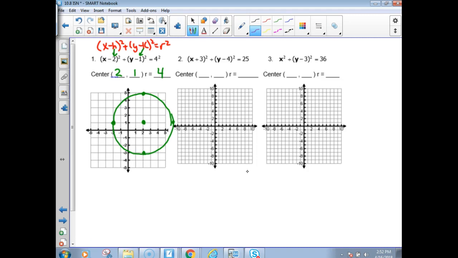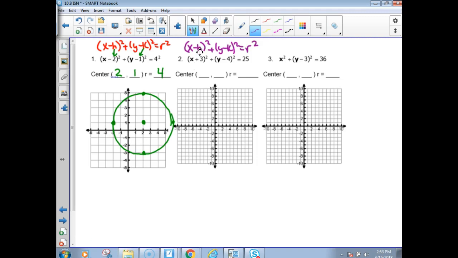In number 2, there is something going on right here. The format is x minus h quantity squared plus y minus k quantity squared equals r squared. So I'm just writing it the last time. I'm going to write it above every problem. I see it says plus 3. And it's supposed to say minus. So what does that tell you about the value of h? What would you have to put in for h to get it to turn into addition?